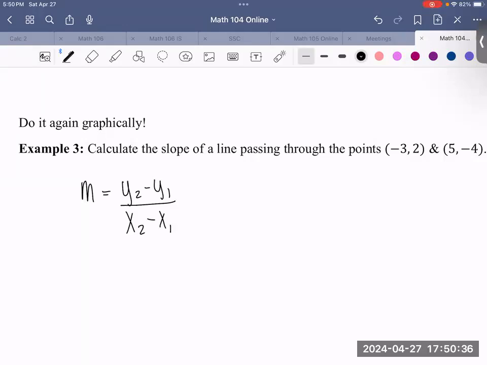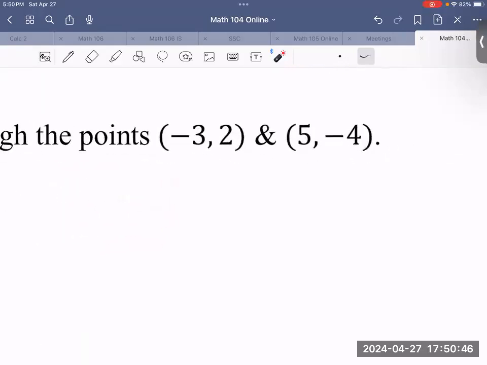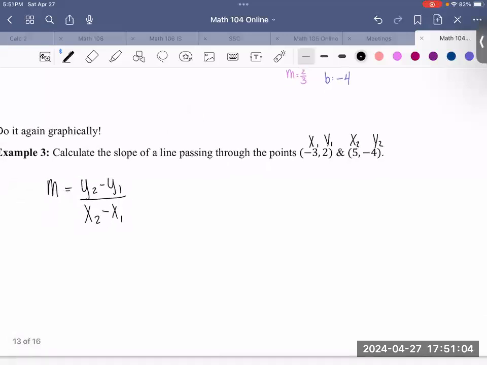We want to make sure that this y2 above goes with the x2 below, and same thing with the y1 above to the x1 below. In order to do that, I just suggest really quick label the first point x1, y1, and the second x2, y2. It really doesn't matter the order. The first one could be the 2's, the last ones could be the 1's. Again, doesn't matter.